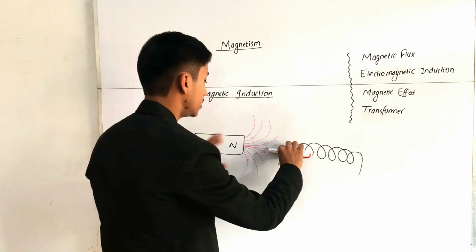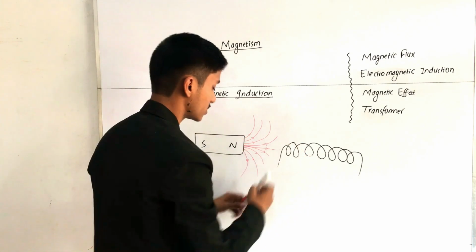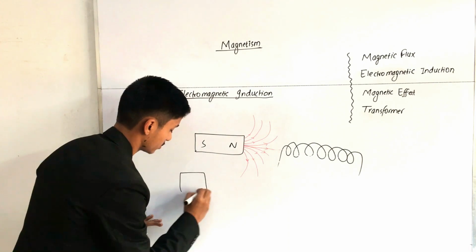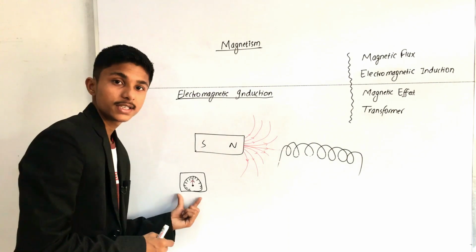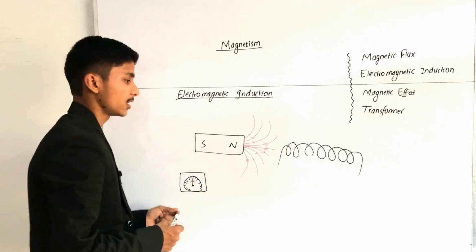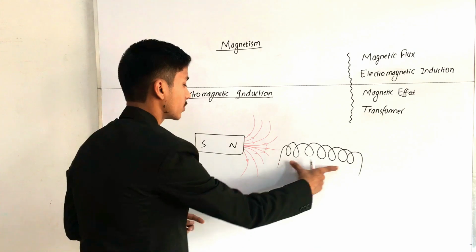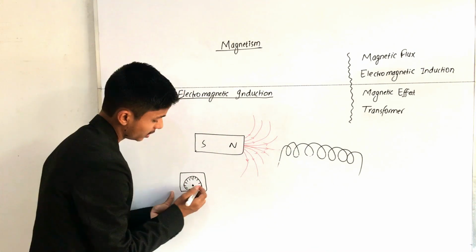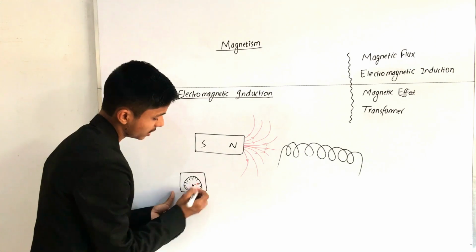And at this time, what happens? There is one galvanometer. Here this is a galvanometer. It measures the direction of current. What happens when this coil is brought near the north pole of the magnet? Then the galvanometer goes to the right side.